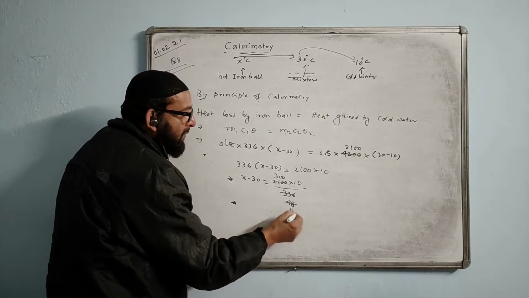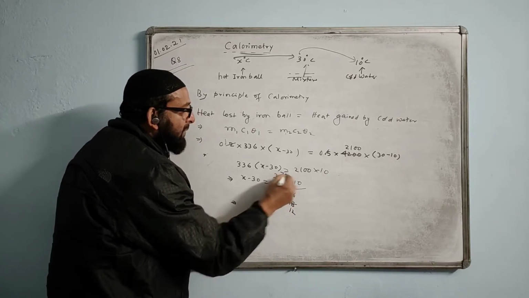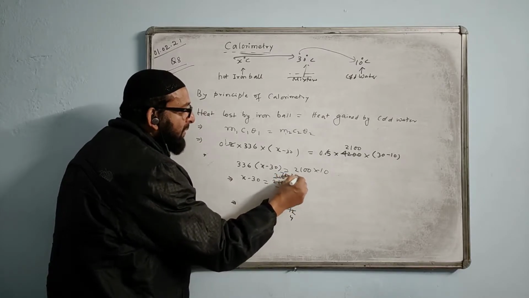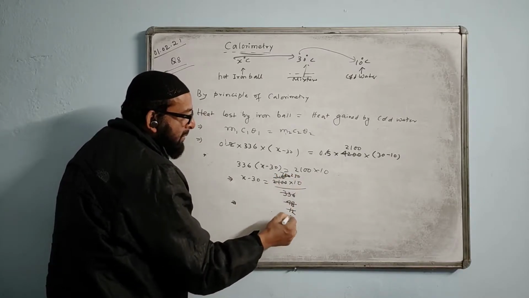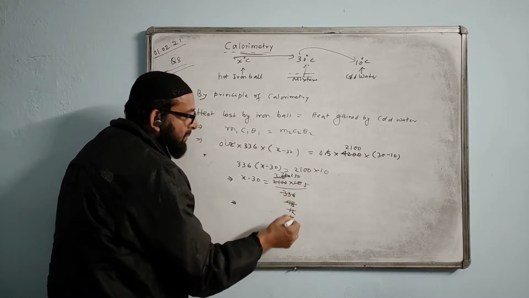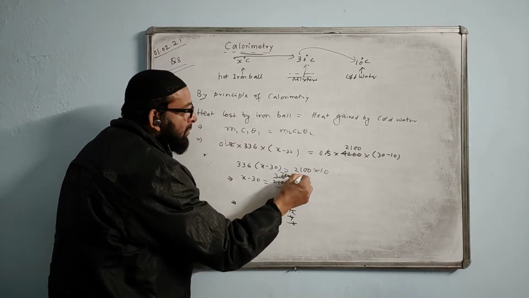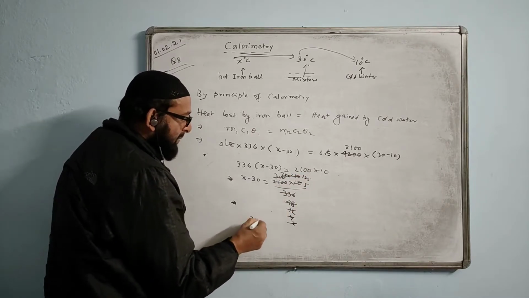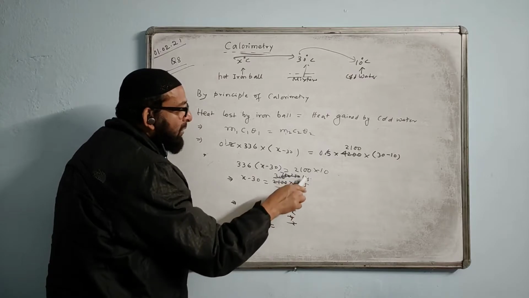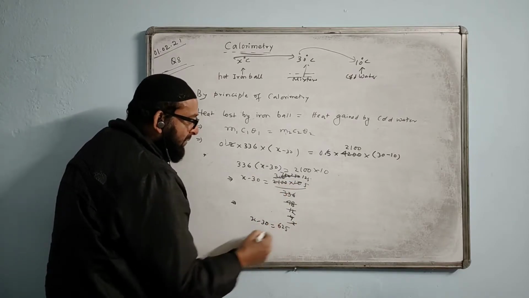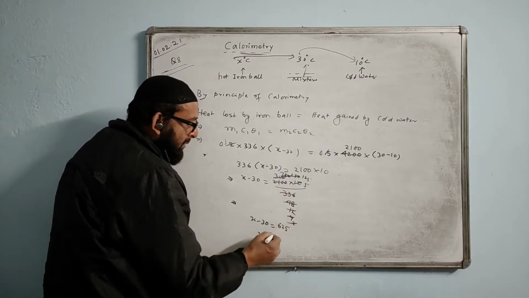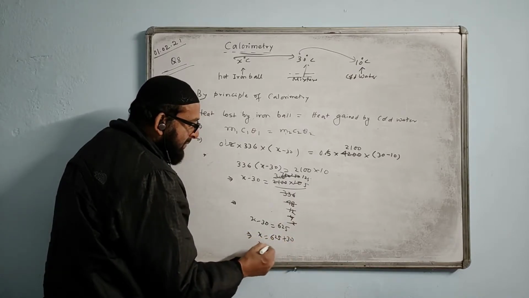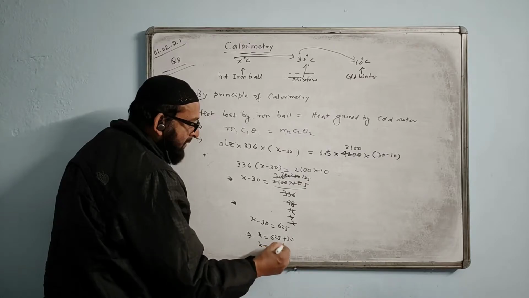Cancel with 4: this will come 750, then 250, then 125. So x minus 30 equals 125 into 5, that will come 625. Therefore the x value is 625 plus 30, and the value of x is coming 655 degrees Celsius.